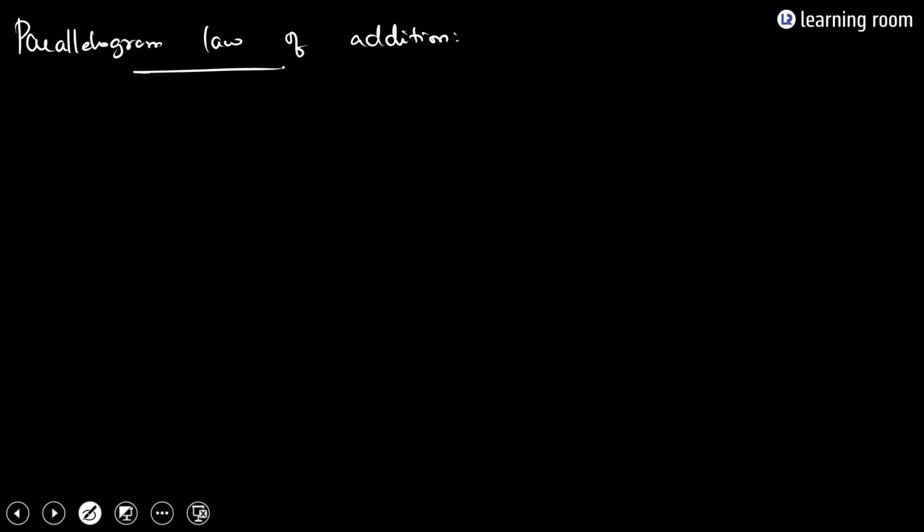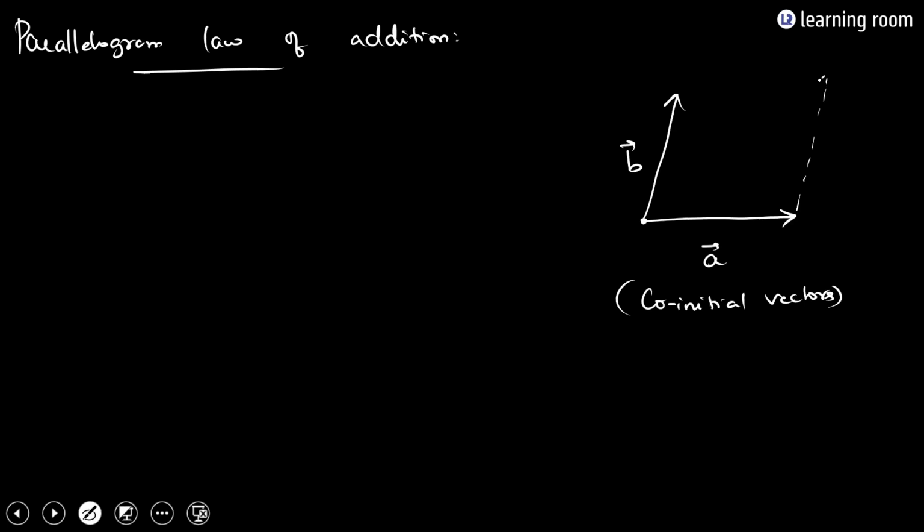Next is the parallelogram. When I talk about the parallelogram law of addition, if I have two co-initial vectors, then I can draw two vectors parallel to the co-initial vectors, equal to the given ones, such that this is the B vector and this is the A vector, so that I complete the parallelogram.